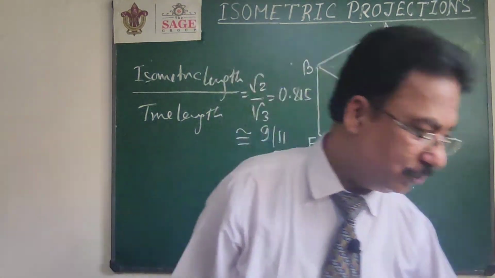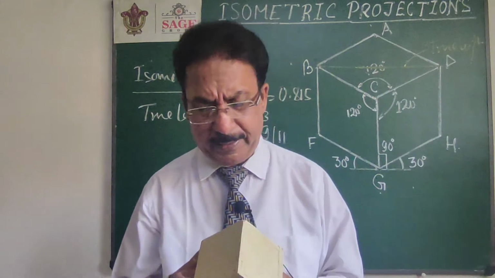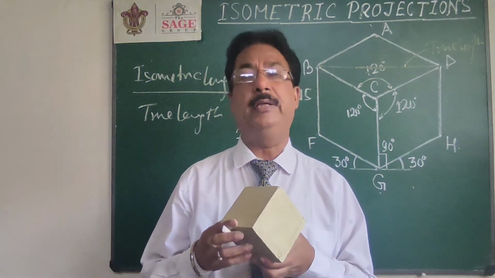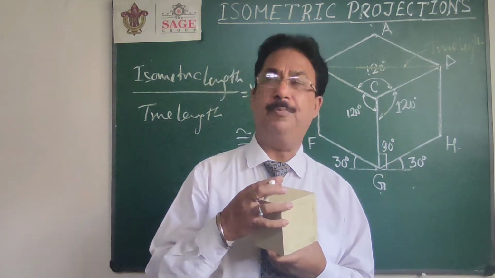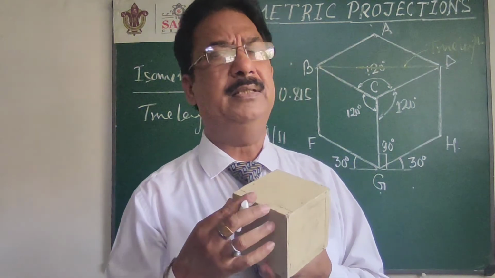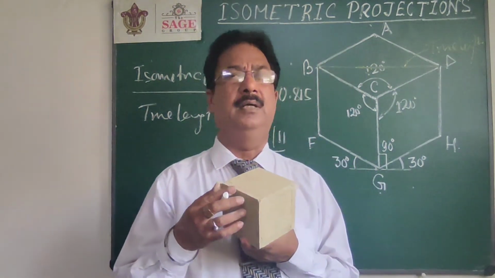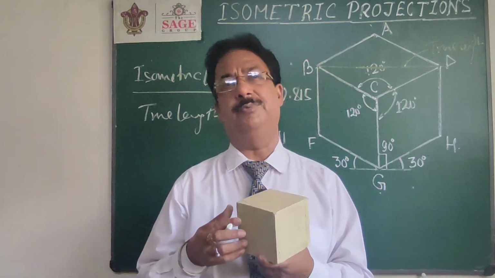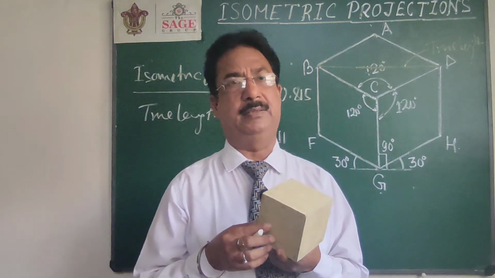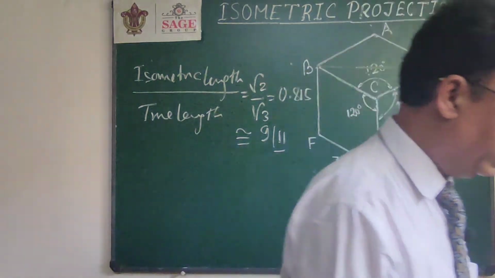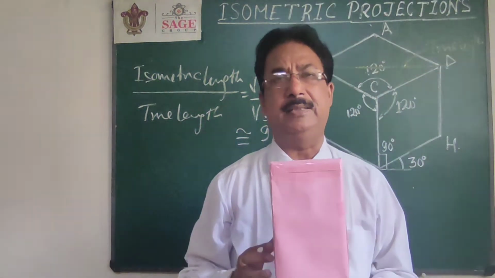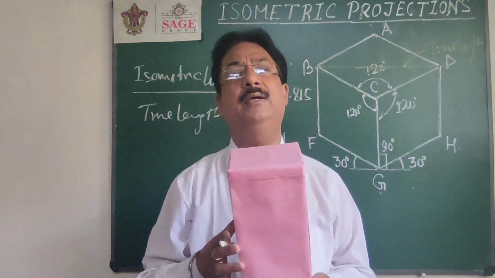In the same way, if I go for solids, as we started discussing isometric with this cube, in a cube all the faces are isometric planes and all the lines are isometric lines. The cube is one of the objects having all the faces as isometric planes and all the lines as isometric lines. Apart from the cube, another solid having all the edges as isometric lines is a square prism.